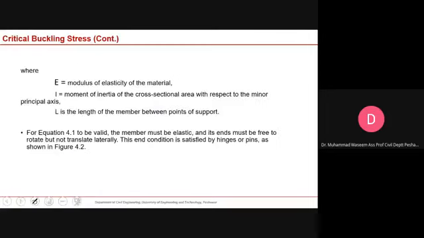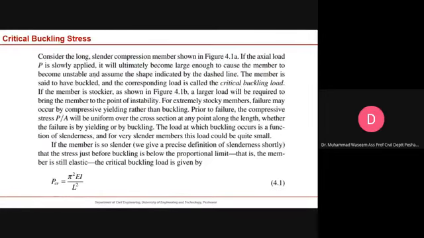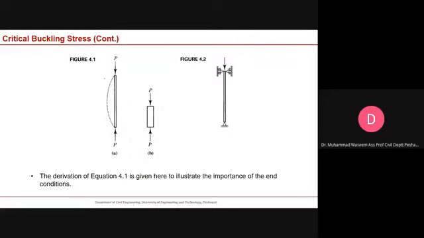This is stating if the axial load is slowly applied on the member, it will ultimately become large enough to cause the member to become unstable and assume the shape indicated by the dashed lines. If you keep on increasing this load, there will be an instant that this member will start buckling. So this will be the failure of the member.